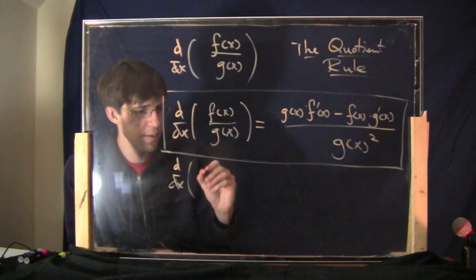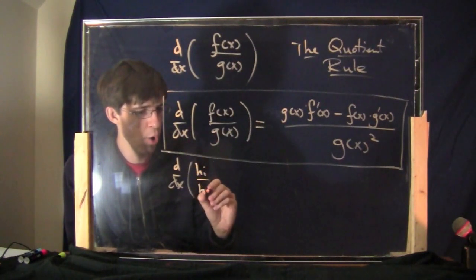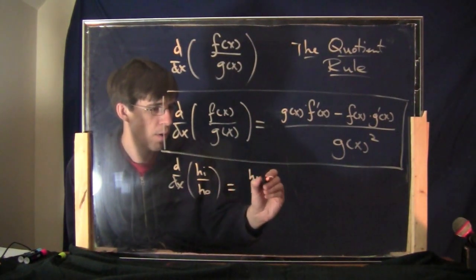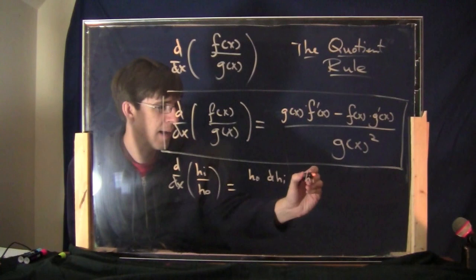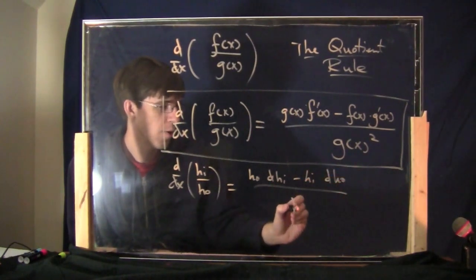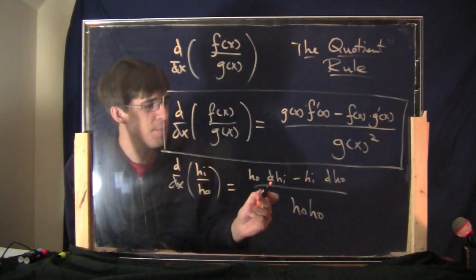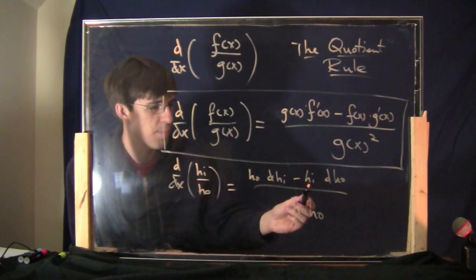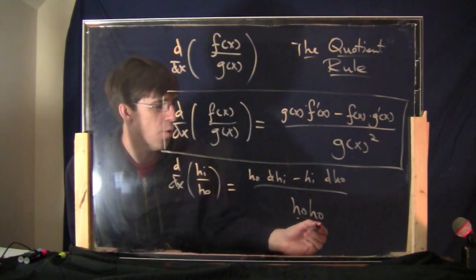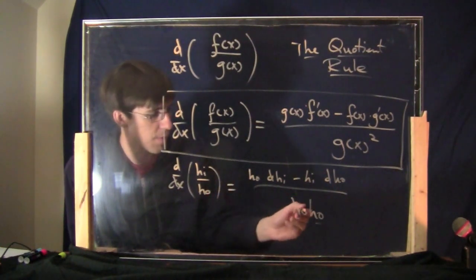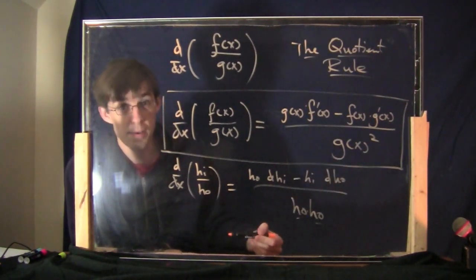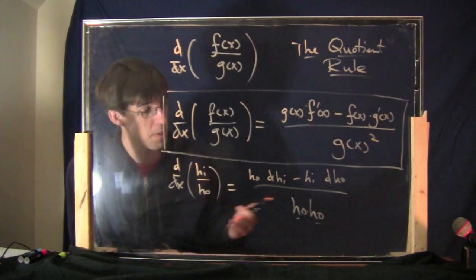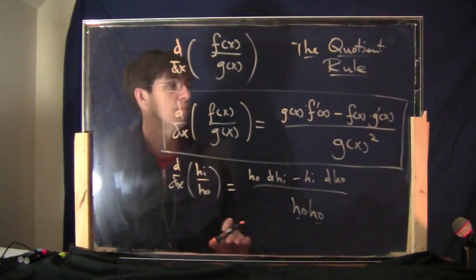If you think of these two guys as high over ho, the derivative of high over ho is ho d high minus high d ho over ho ho. You like that? The d means derivative, so ho d high means the bottom times the derivative of the top minus the top times the derivative of the bottom. And then the ho ho means the bottom times itself, like ho times ho, which is ho squared. You see what I'm saying? It's stupid, but for me it works. I don't know. Take it. I offer this to you.